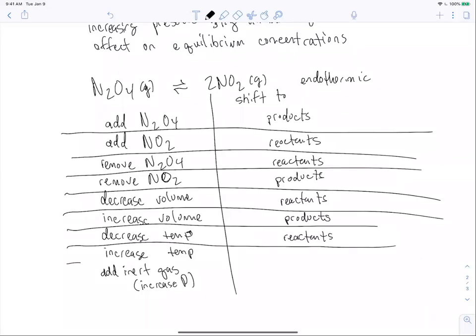Increase in temperature has the opposite effect, shifting to the products. And finally, if we add inert gas to increase the pressure, we just don't see any shift. So there's a reasonable density of stuff that you can ask about this, but it all falls out of the same idea.